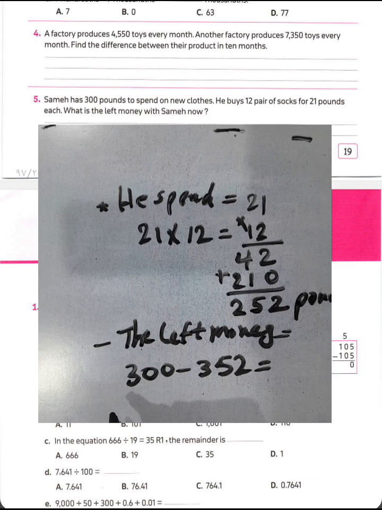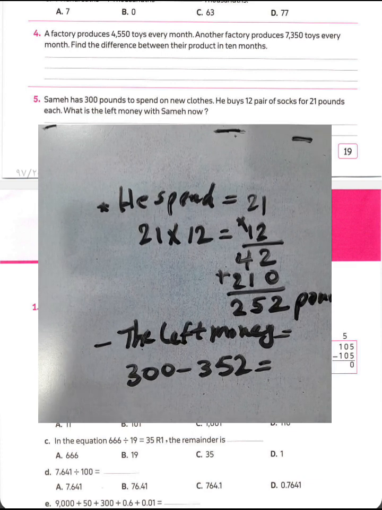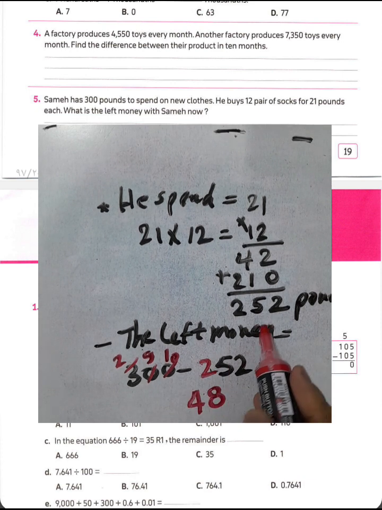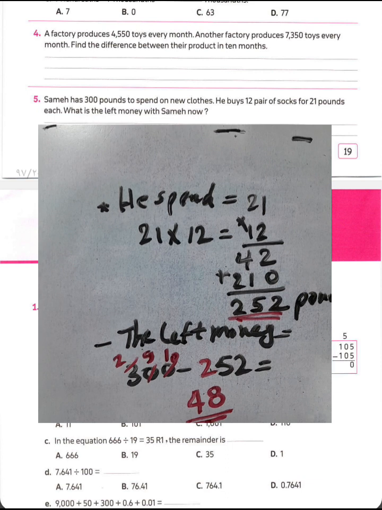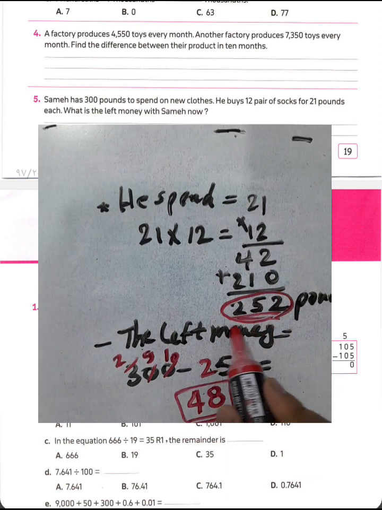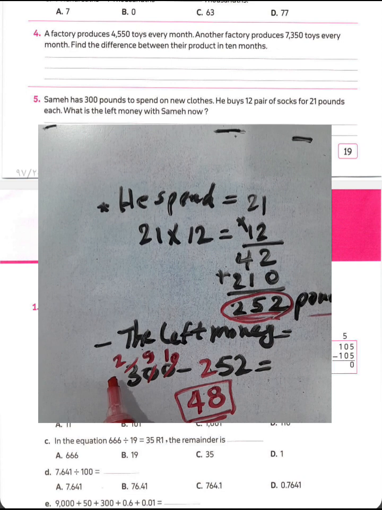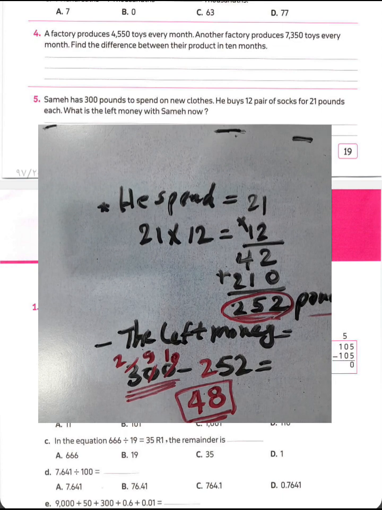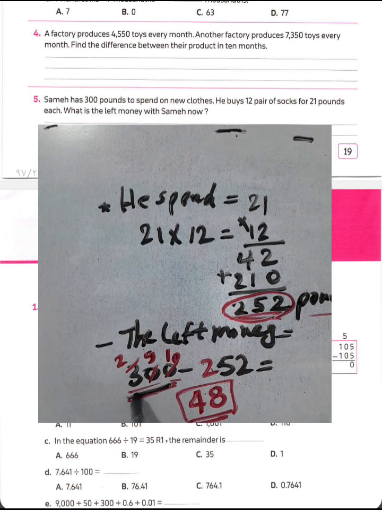The difference between them. 0 minus 2, we can't do it. Then we must borrow 1 from 3, 2, and 0 will be 10. 10 minus 1 equals 9, and 0 will be 10. 10 minus 2 equals 8. 9 minus 5 equals 4. And 2 minus 2 equals 0. Then the result will be 48. Again, Samih has 300 pounds.